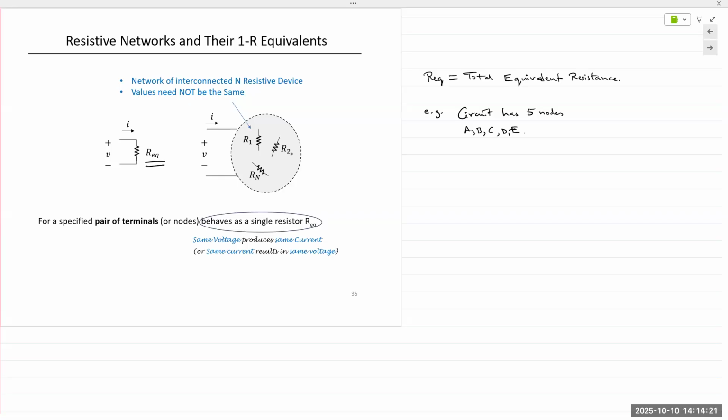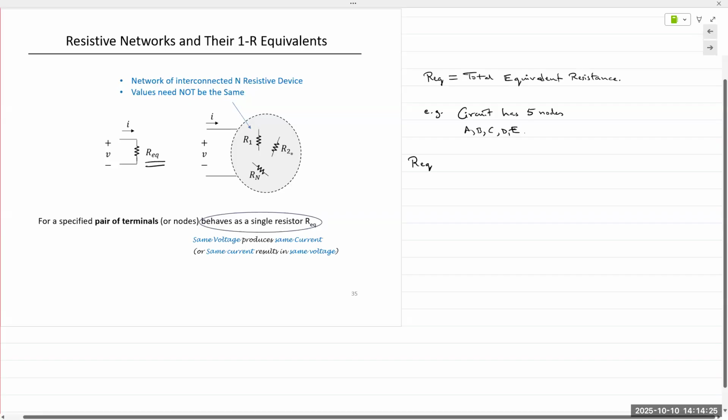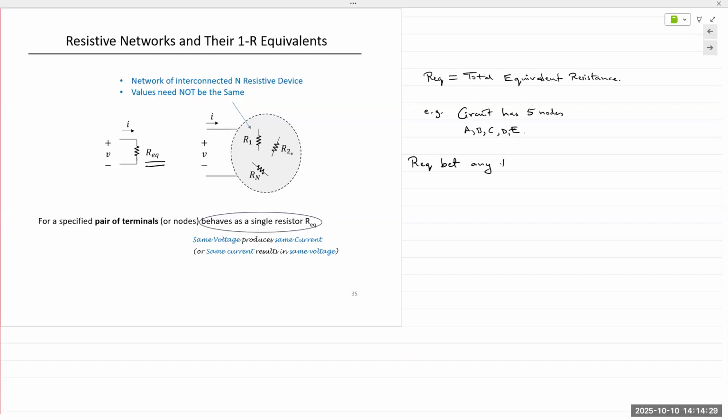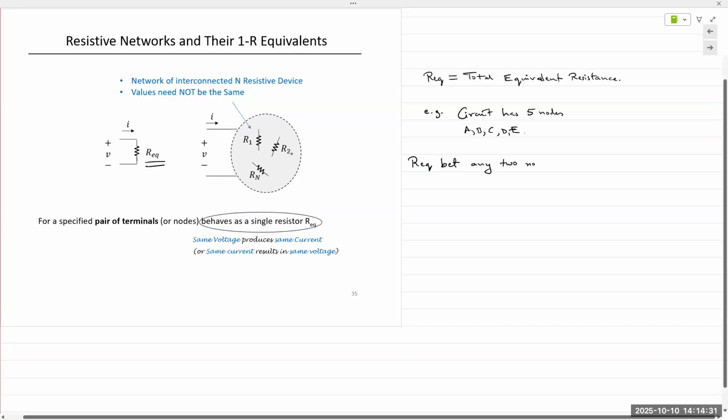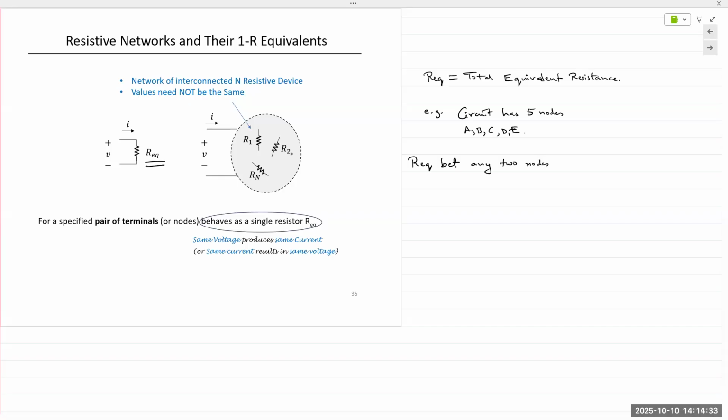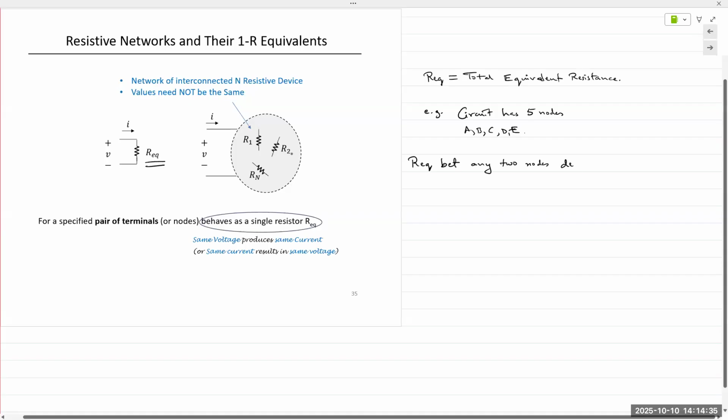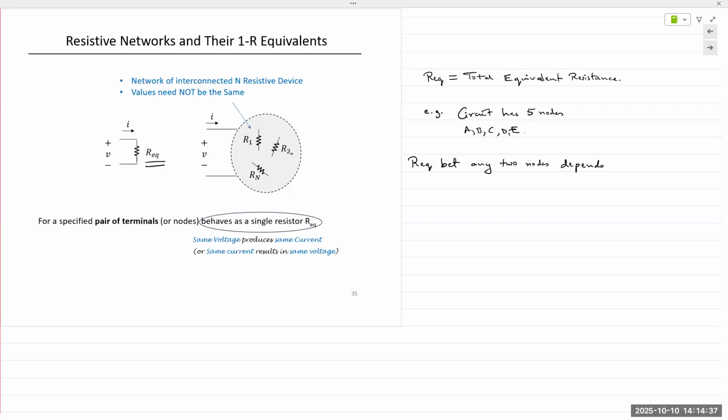So the resistance between any 2 nodes, the REQ, depends on the resistive connections. It will not be the same.